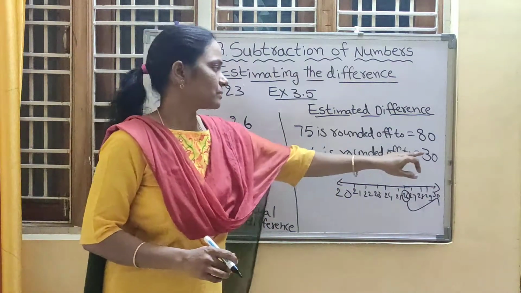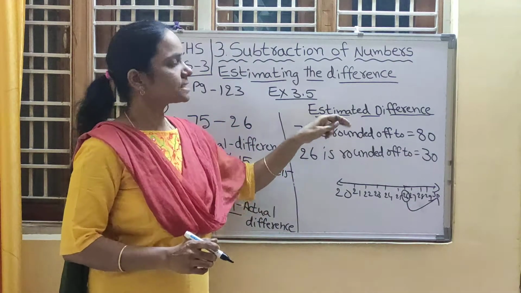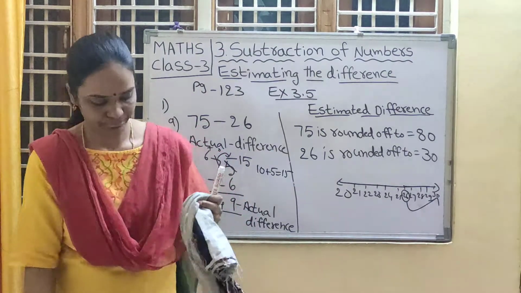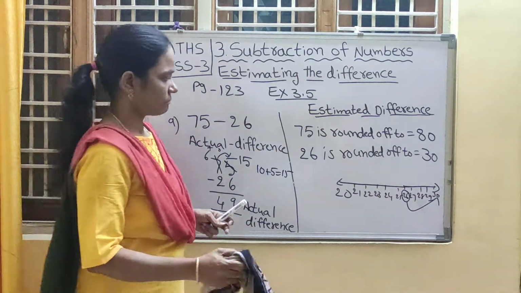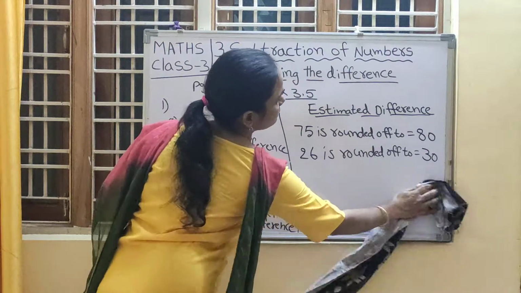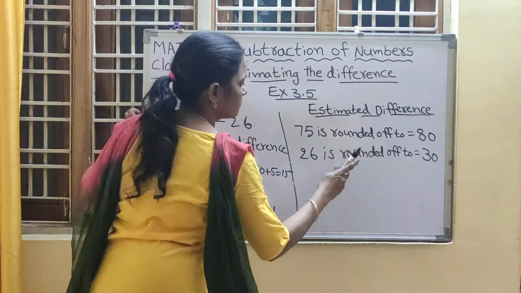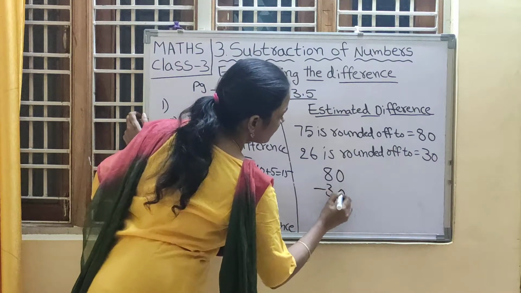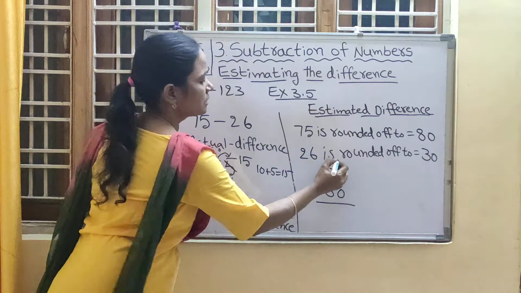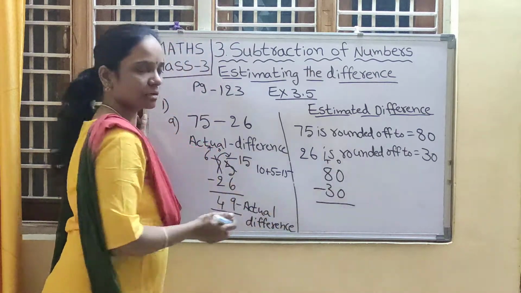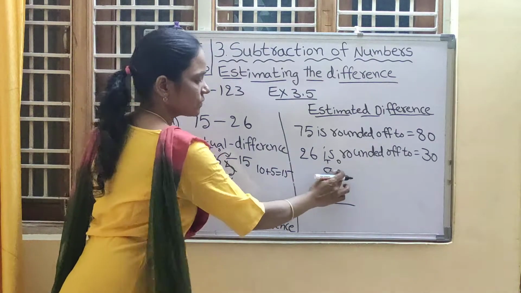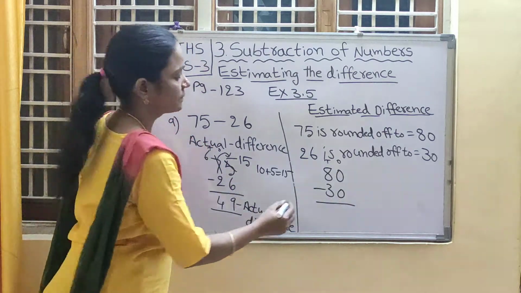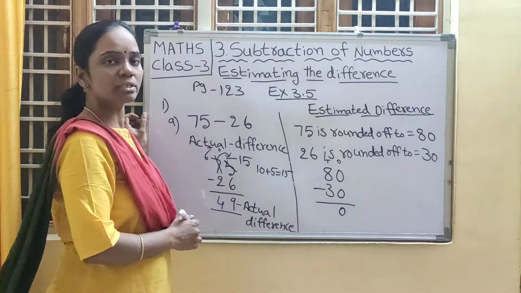Now we have to subtract these two numbers to get the estimated difference, right? Now 80 minus 30. 1's place, 10's place. First start with 1's place. 0 minus 0, how much, children? 0. 8 minus 3, how much, children?